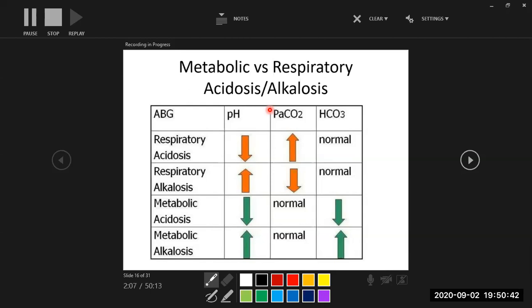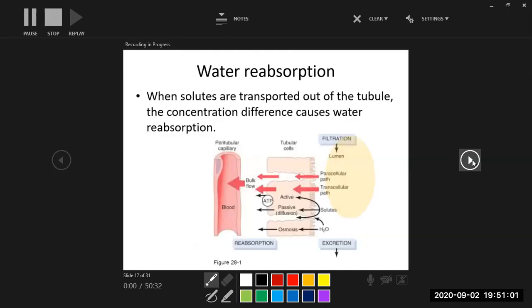It's easy to link the respiratory with the lung, but metabolic, you need to think about that's caused by the kidney, okay? Very important. I feel this is a very easy quiz question. All right, so that's the bicarbonate.